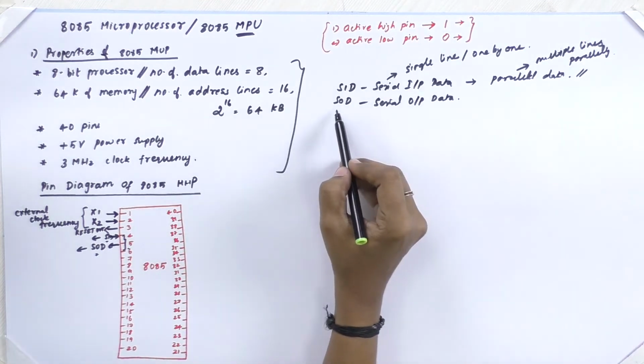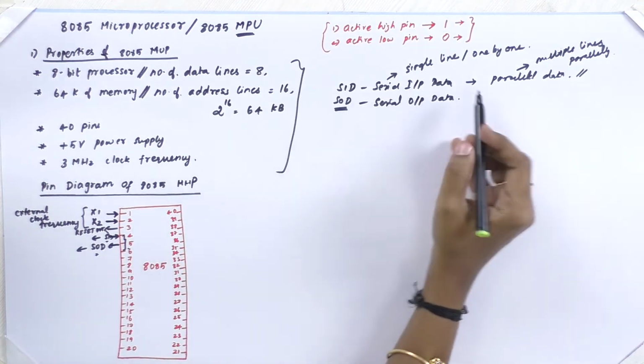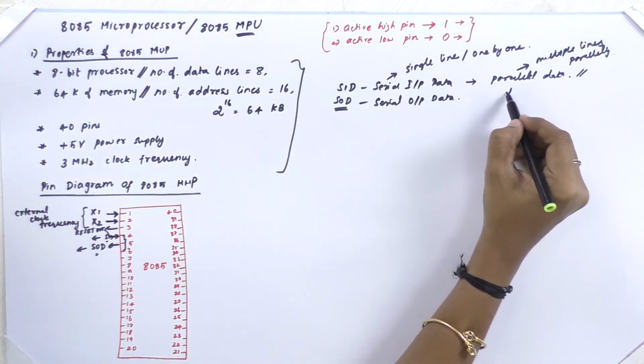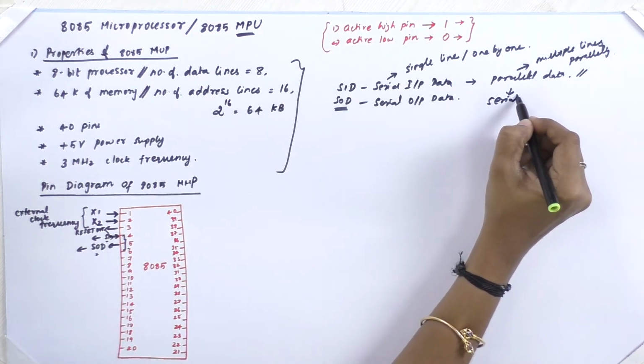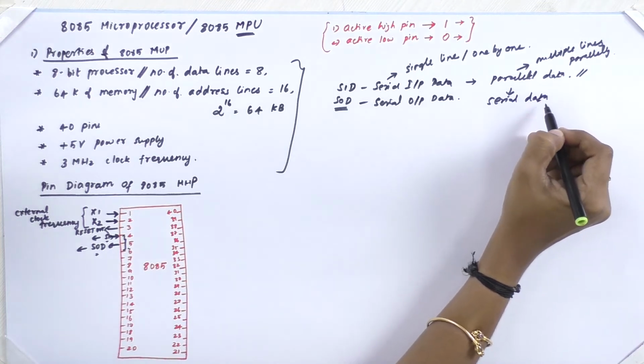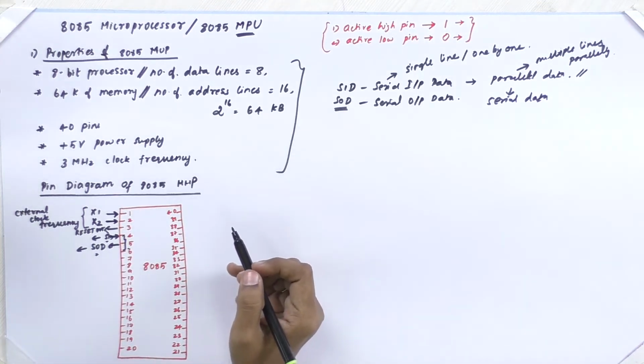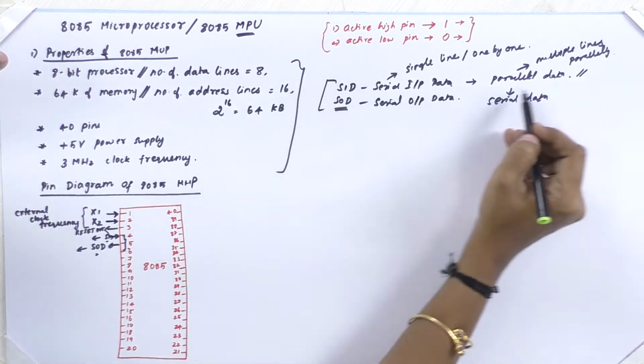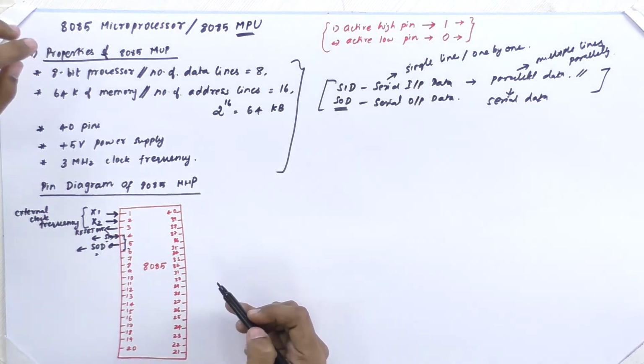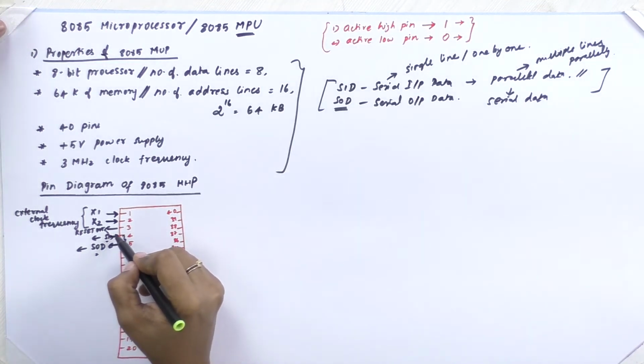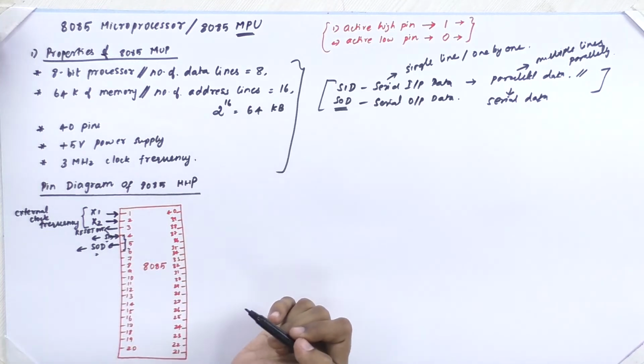Hence, the function of the SOD pin is to convert parallel data to serial data. So this is the function of SID and SOD. SID is the input pin and SOD is the output pin.